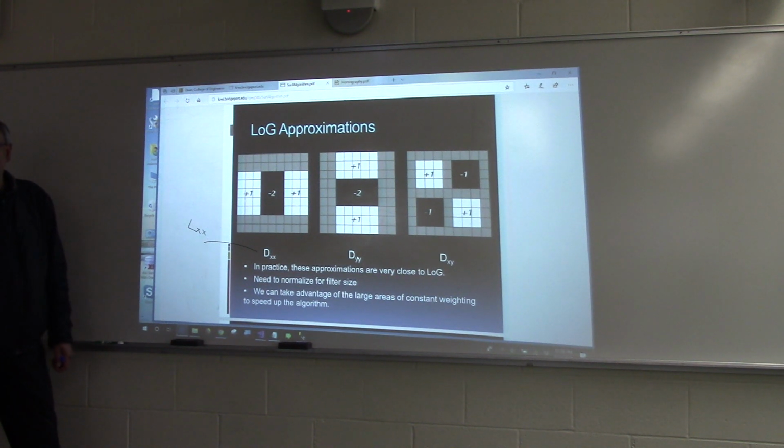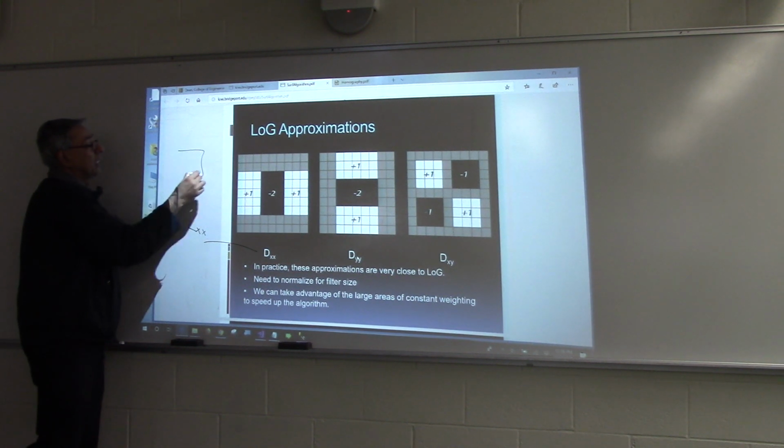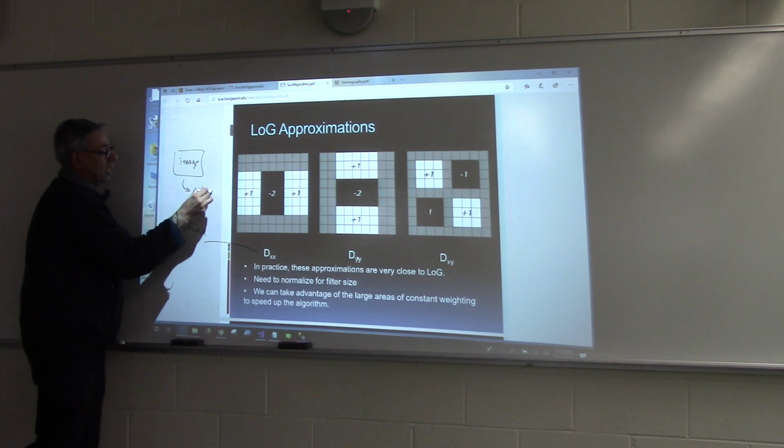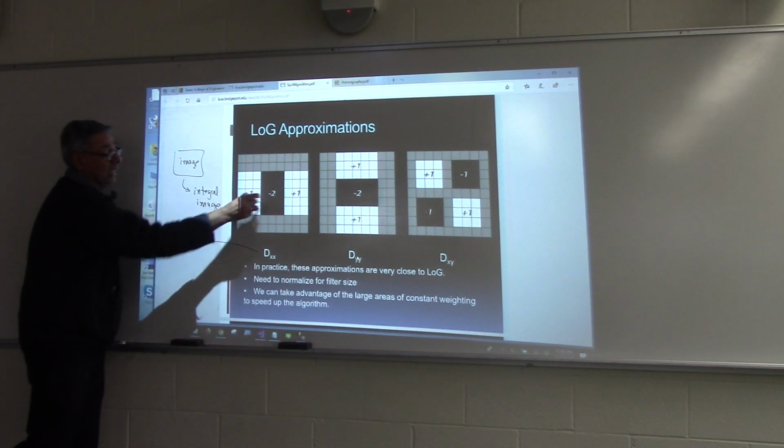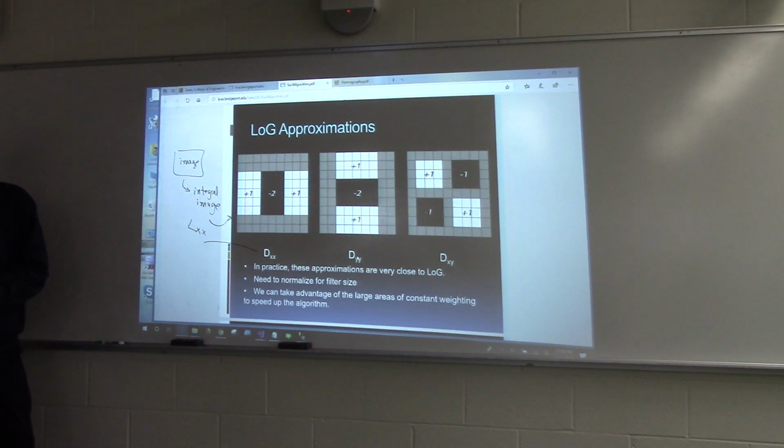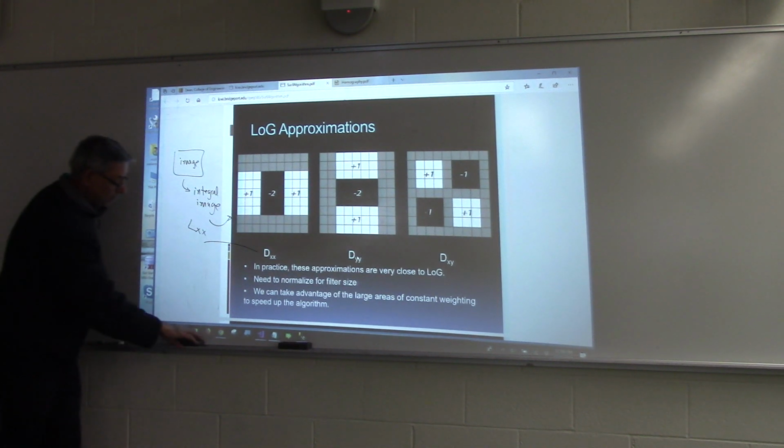So to summarize, first thing you will do is, whatever image is given to you, you'll compute the integral image. From the integral image, is it easy to compute Dxx, Dxy, Dyx, and so on? Piece of cake.